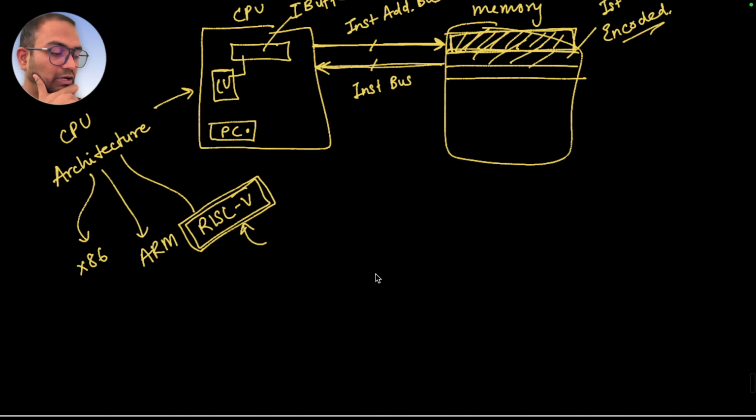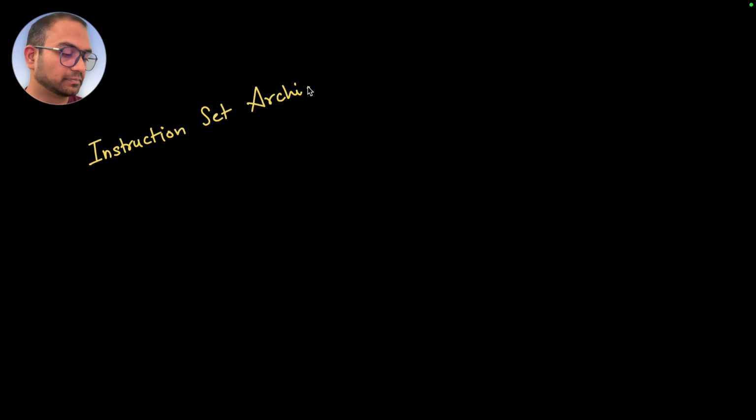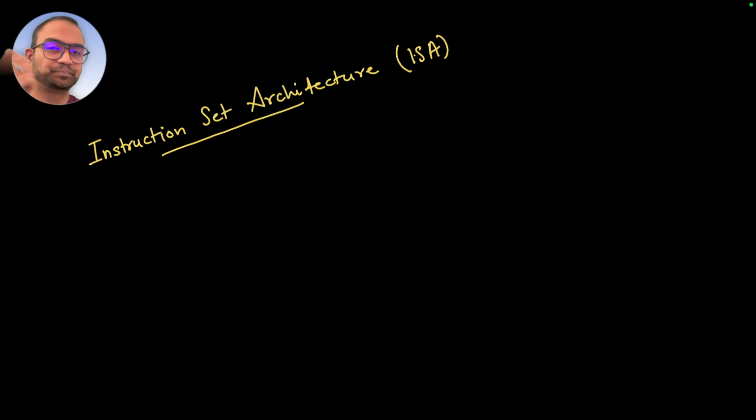What I want to do now is introduce the idea of something called instruction set architecture. We talked about architecture, but what is instruction set architecture? It's also called ISA. Every CPU has an instruction set architecture associated with it.